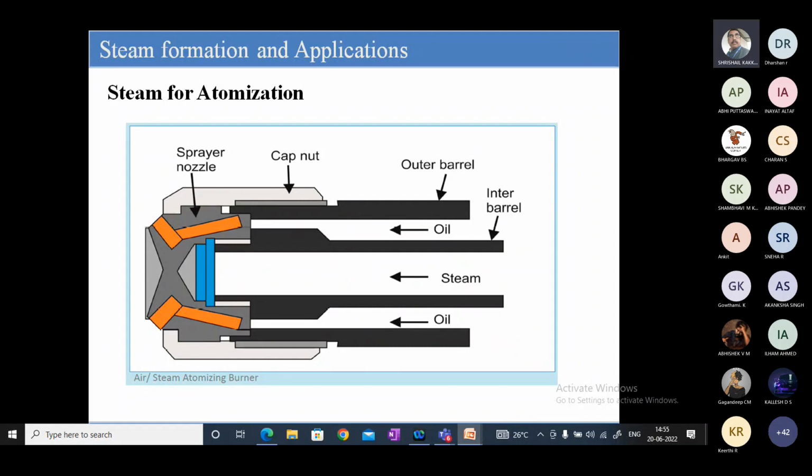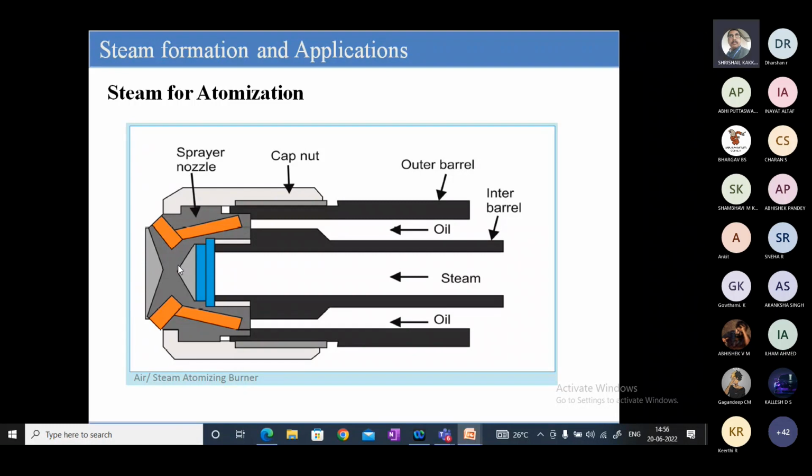To avoid this, we are going to have a separate kind of accelerator. Here we can see the steam is made to flow through one section, and the diesel oil is made to flow through another section. At very high pressure the steam is mixed with the diesel, and the diesel oil is sprayed into the combustion chamber in very minute particles.